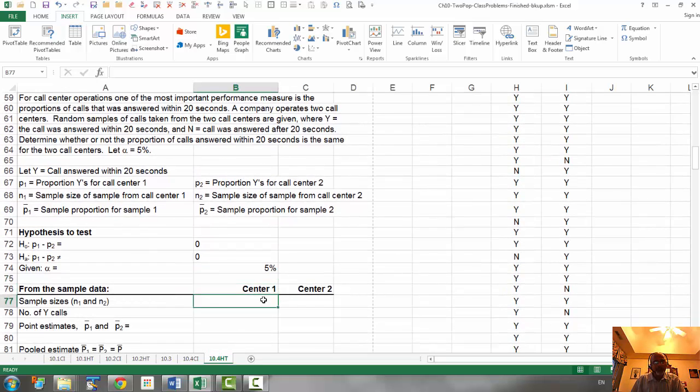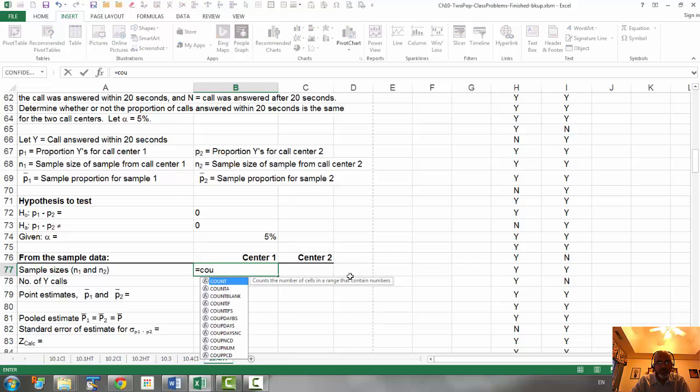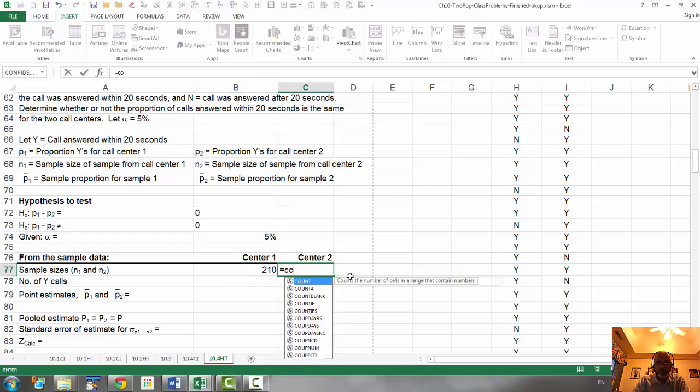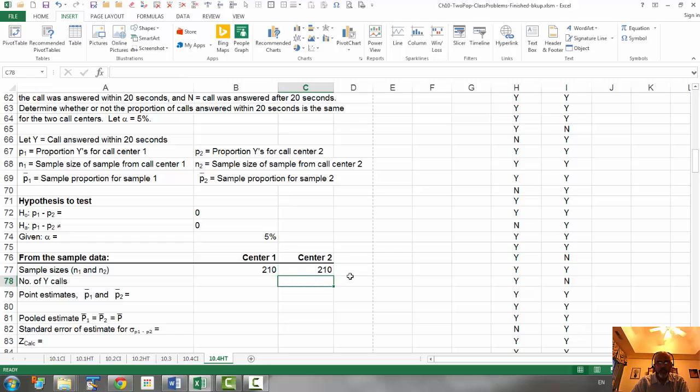Then for center 1 and center 2, we already did all this previously, so we'll do it again. Remember, we need to use count A, call center 1, and it's the same data, so we can use the same name from the previous sheet. Call center 2.